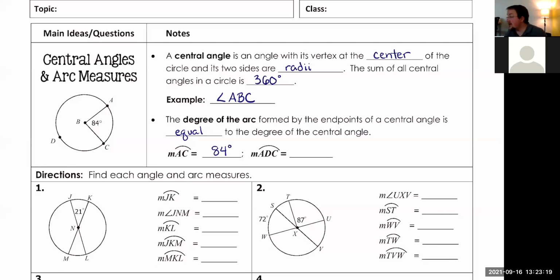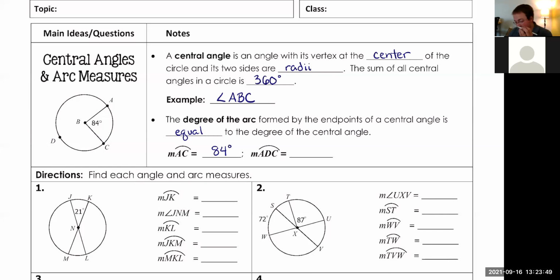Now, the second one is a little bit sneakier because now it's asking for the measure of arc ADC. So that is the major arc opposite this central angle. It's going around the outside here. Same endpoints, but it is the major arc. How many degrees do you think that is? 276?